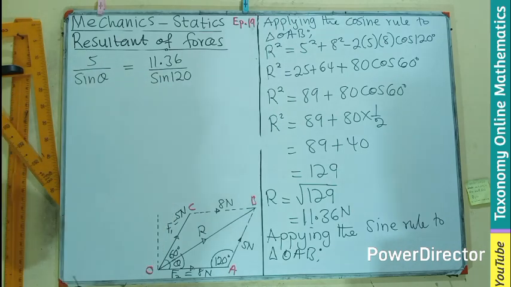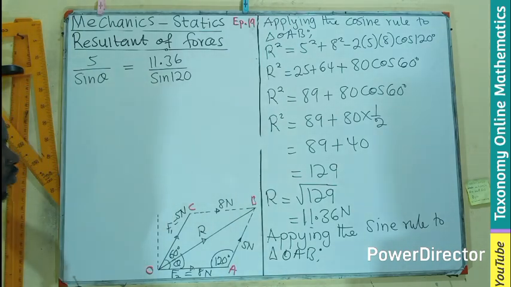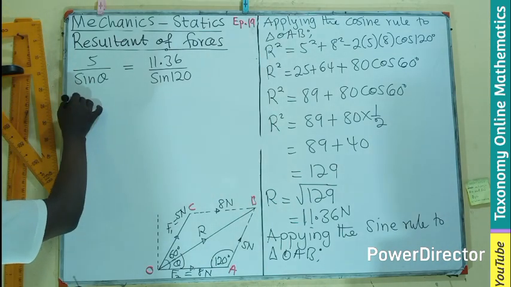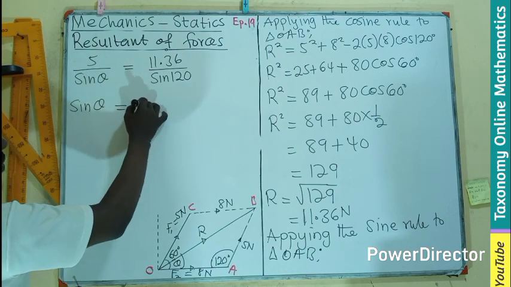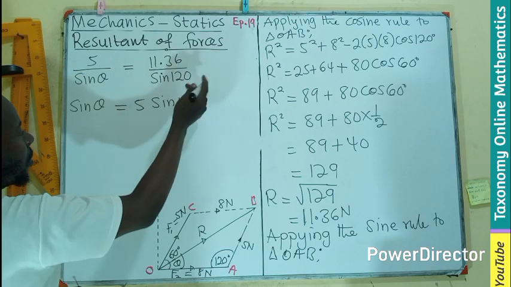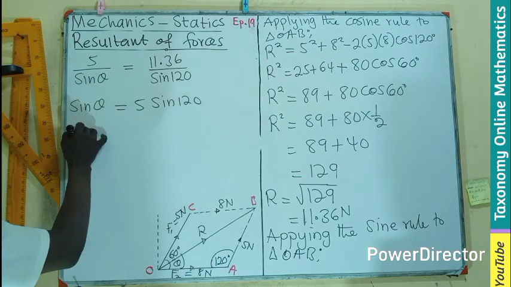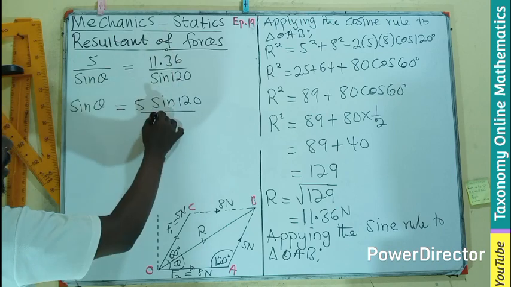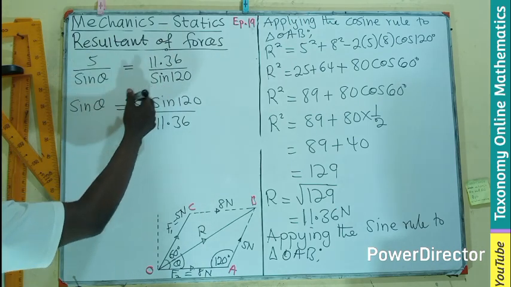We can still use 60. I think that was what the formula gave us, but we can use 120 as well. So my sine theta equals 5 times sine 60, divided by 11.36.